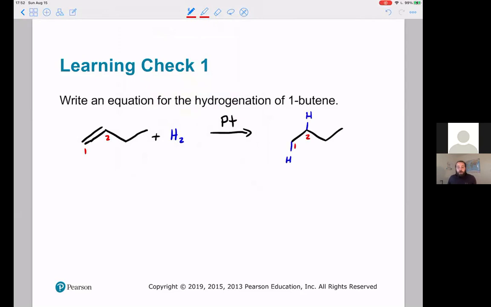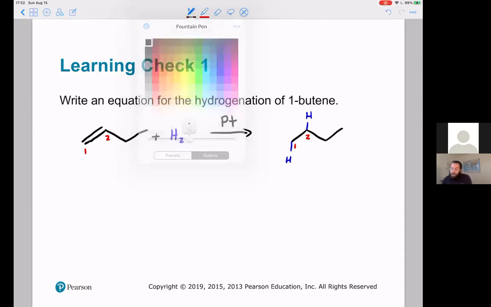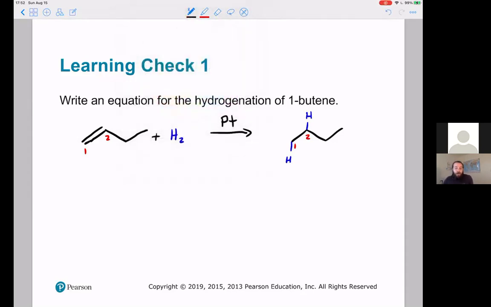I've broken the double bond between carbon 1 and 2, and I've added a hydrogen to each one of those carbons. Now, in our bond line structure, we usually don't draw the hydrogens. Those are kind of implicit in the drawing. So actually, I could just draw that like my equation like this. I explicitly kind of drew them in there and colored them blue so you guys could see what's going on. But it would be perfectly fine to not have them in there at all.